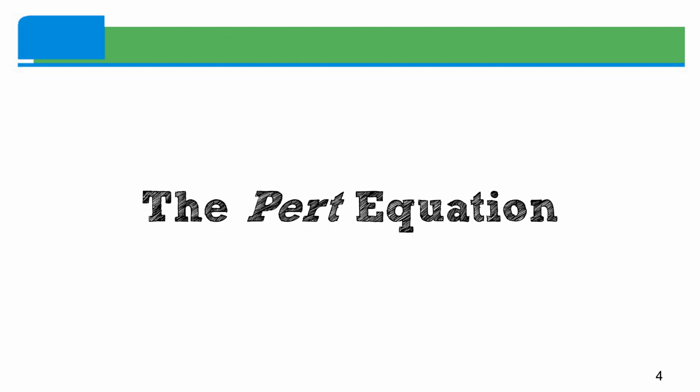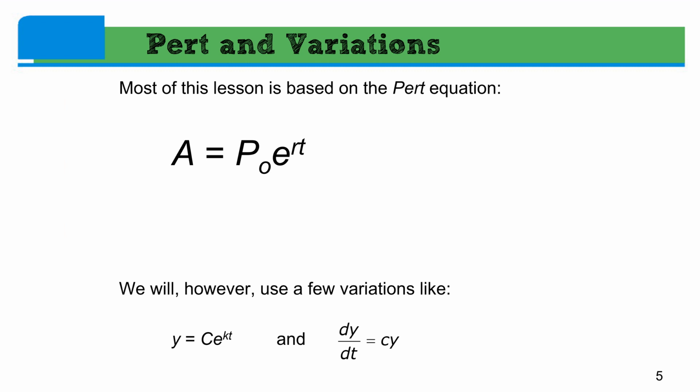Pert equation. There's the Pert equation. A stands for the final amount. P stands for the starting amount. Okay. So Brooke turning into a zombie, the starting amount would be Brooke is 1 person, she would be 1, and then by the end of the show we have millions of people that are turned into zombies.